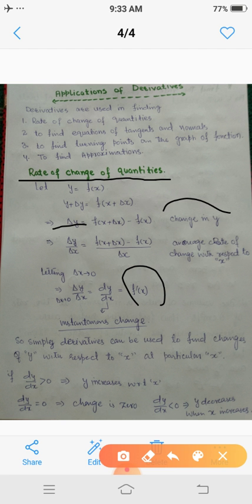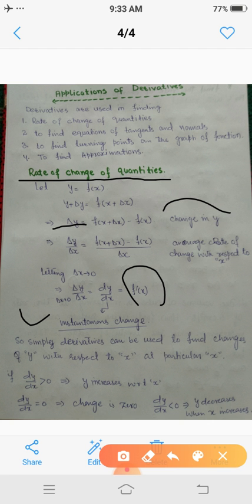This change, represented by dy by dx, gives us the instantaneous change. So this means the change in y with respect to x at a particular point. So derivatives can be used to find the change of y with respect to x at a particular x.